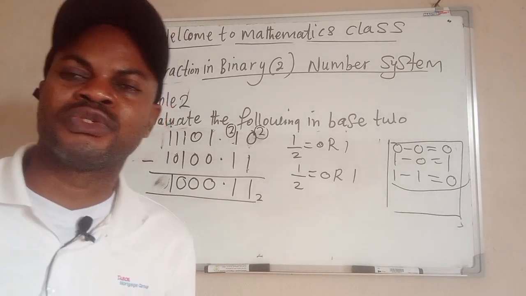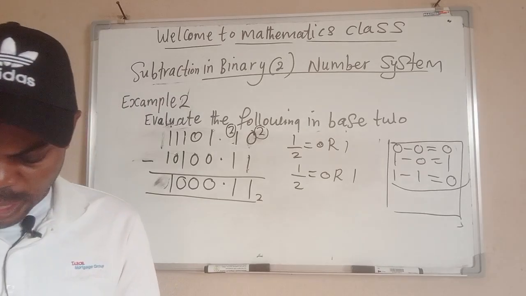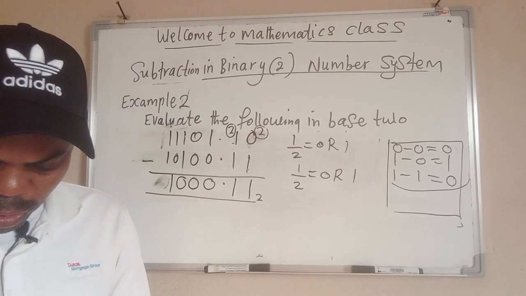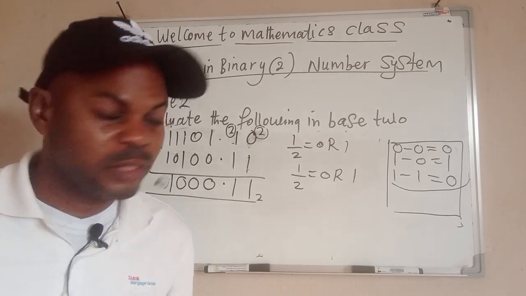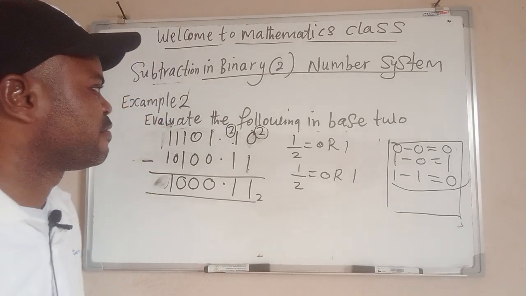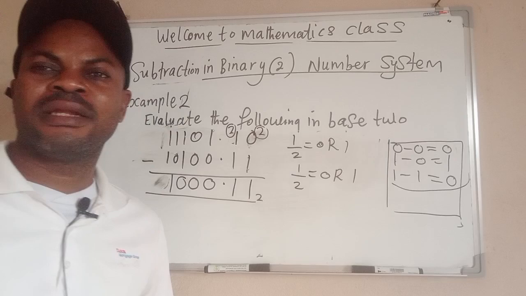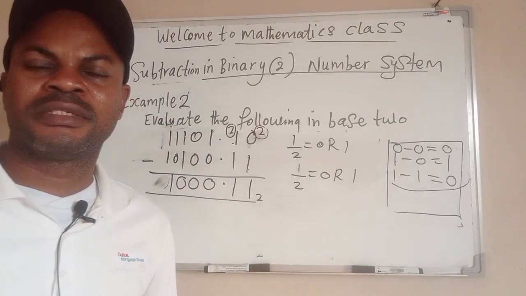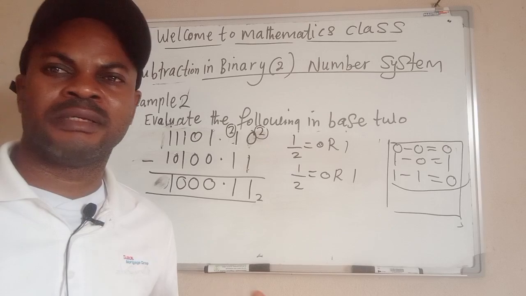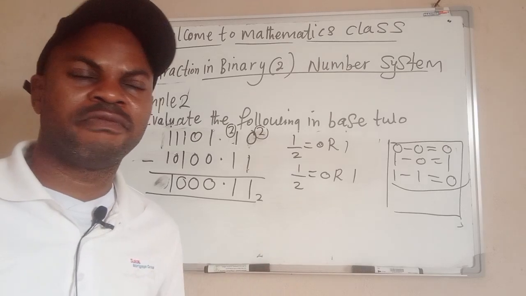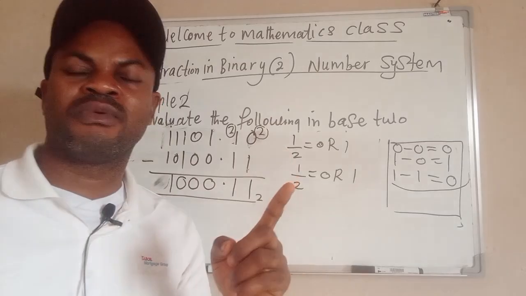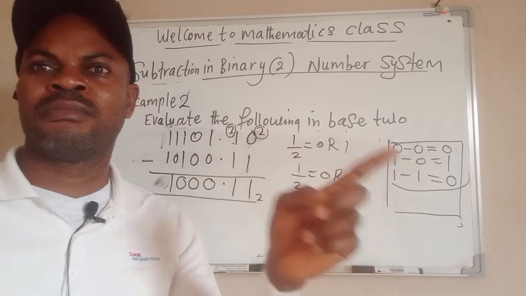So that is how to carry out subtraction in number base. The principle you need to store in your brain is that in working in any number base, be it base 10, base 16, base 8, base 3, 5, and so on, remember, except for base 10, when you borrow in base 10, the one you're borrowing becomes 10.